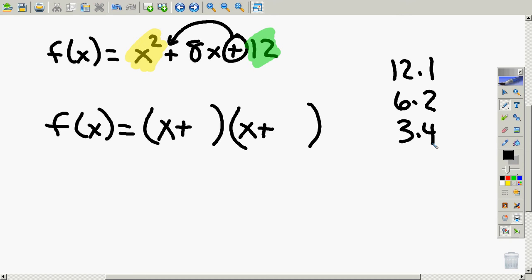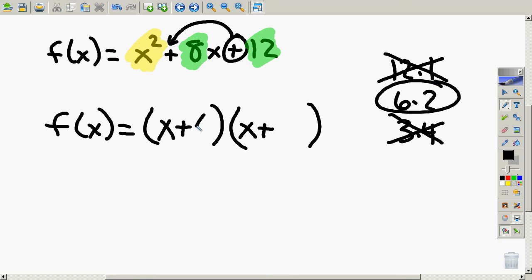When I say the right one, I mean the one that when you multiply equals 12, and when you add together equals 8. And you can see that that gets rid of this one, that gets rid of this one, because when we add it together is 7. It's got to be 6 and 2, and that would be the right one for the factored form.